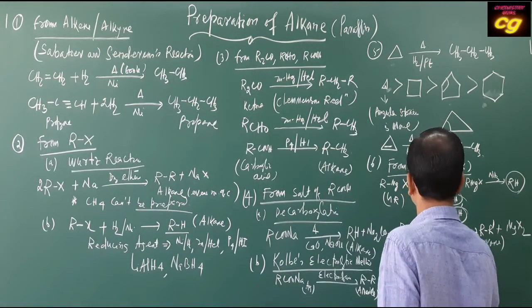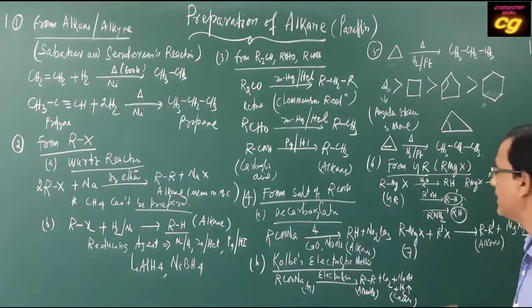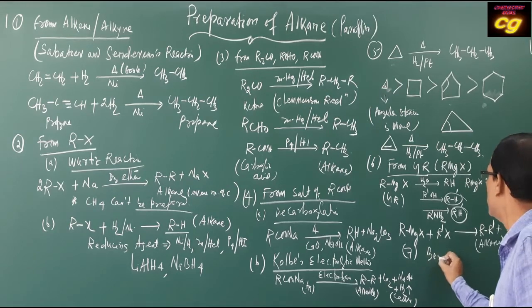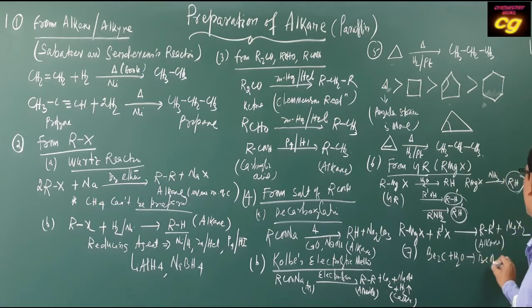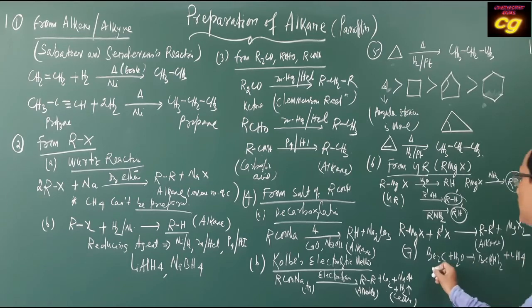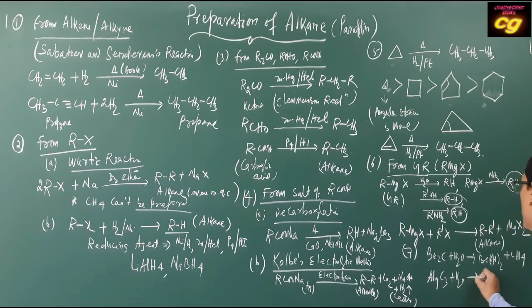But methane can be prepared directly by using carbides. If beryllium carbide, Be2C, plus water, produces beryllium hydroxide and methane. Similarly, aluminium carbide, Al4C3, plus water, generally hot water, produces aluminium hydroxide and methane.